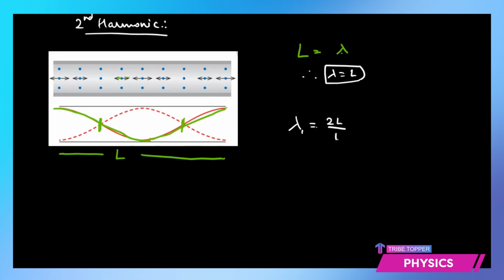For the second harmonic, your lambda is 2L by 2, which gives you L. The third harmonic is going to be 2L by 3, and this goes on like this. Therefore, the nth harmonic wavelength is going to be 2L by n.